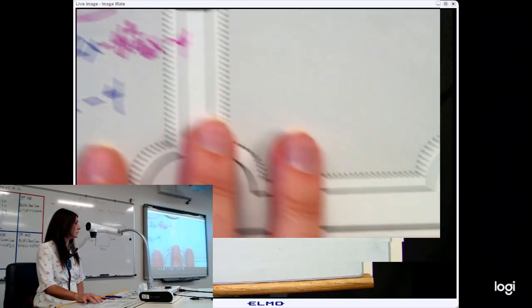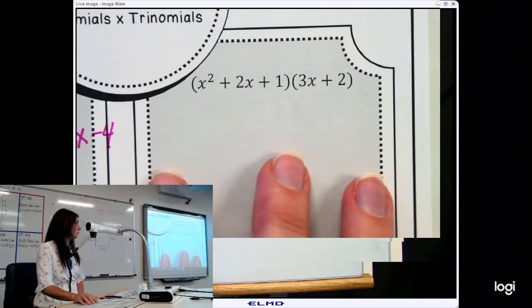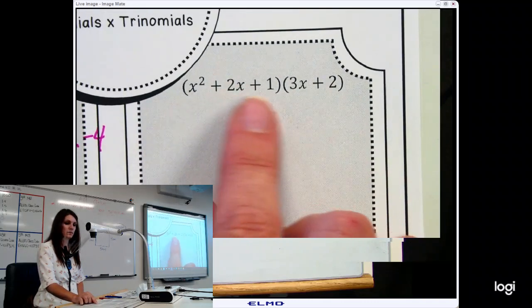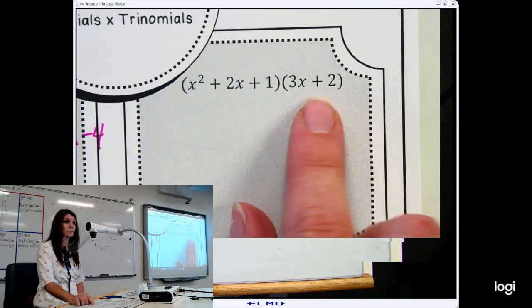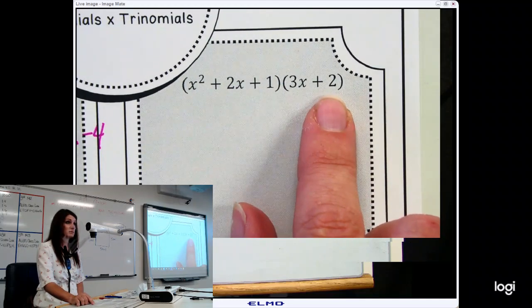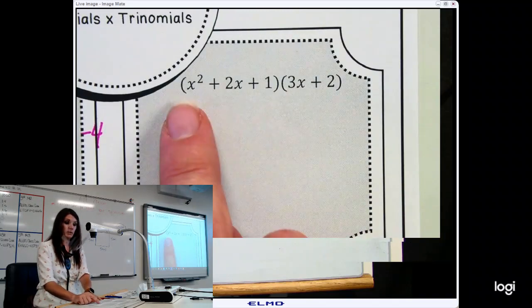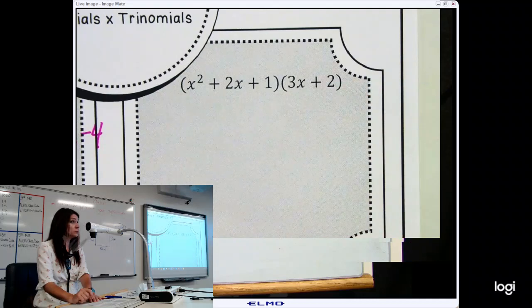All right. Does it bother anybody that the trinomial is in front and the binomial is at the end? Does it bother you? No. Can't you switch them? Yeah, you can totally switch them. If it doesn't bother you, you can just distribute the way you see it.